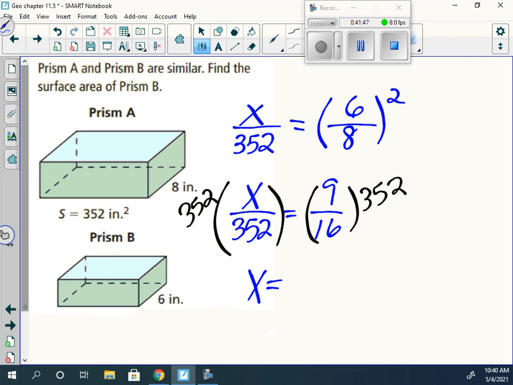Well, the shape got smaller. Do we multiply the whole thing, or is it just the numerator? So it would be just the numerator, because we'll be doing 9 times 352 and then dividing it by 16.